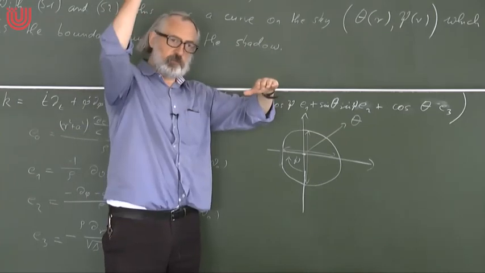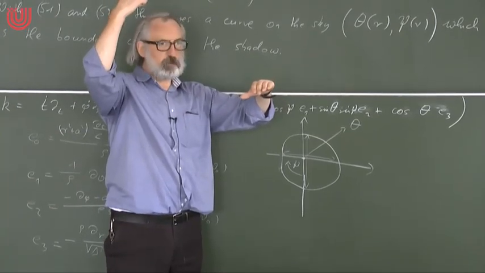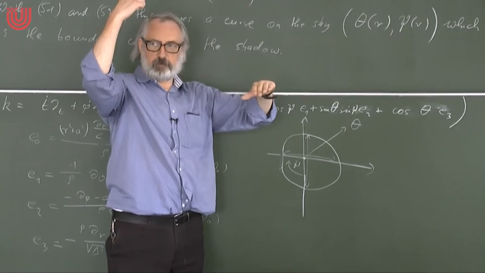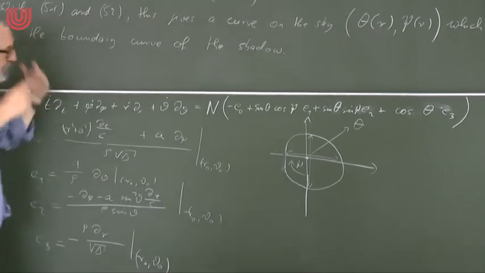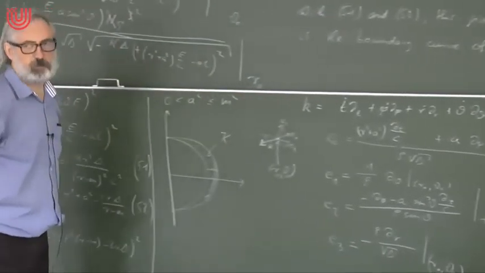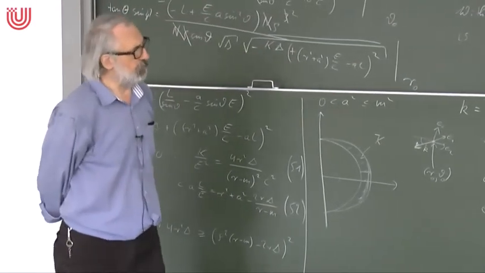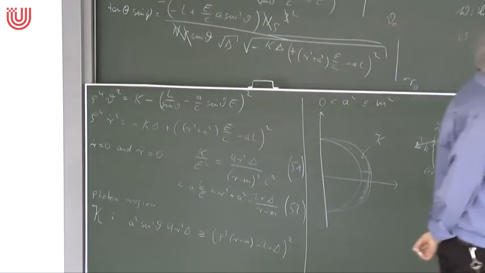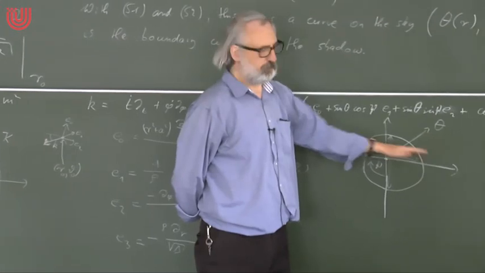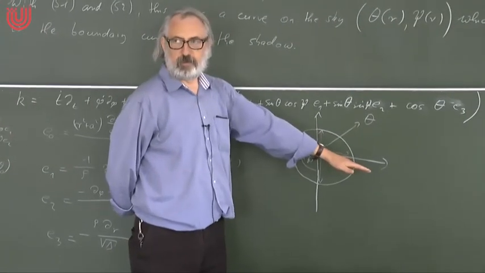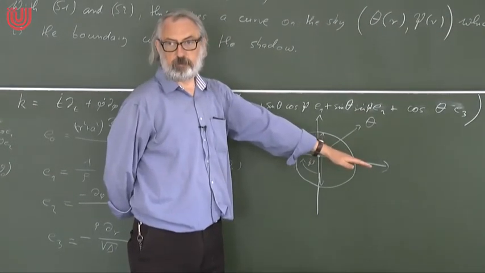But if you are off the equatorial plane, you would not expect the shadow to be symmetric, but it turns out to be. And I have no geometric intuitive explanation for this, it just comes out of the calculation. So if we observe the shadow, and if we see that it is symmetric with respect to this horizontal line, this does not mean that we are on the equatorial plane.